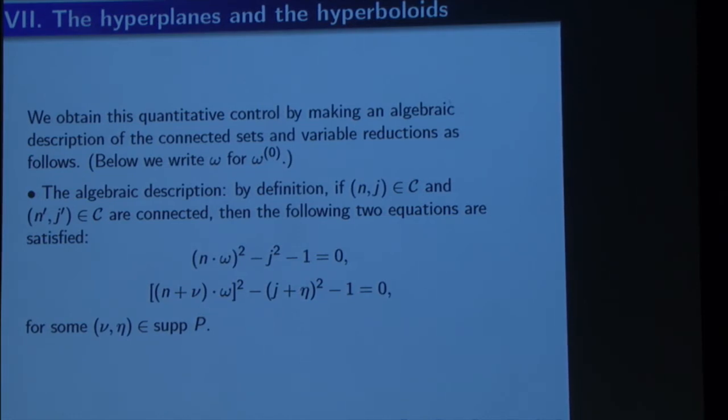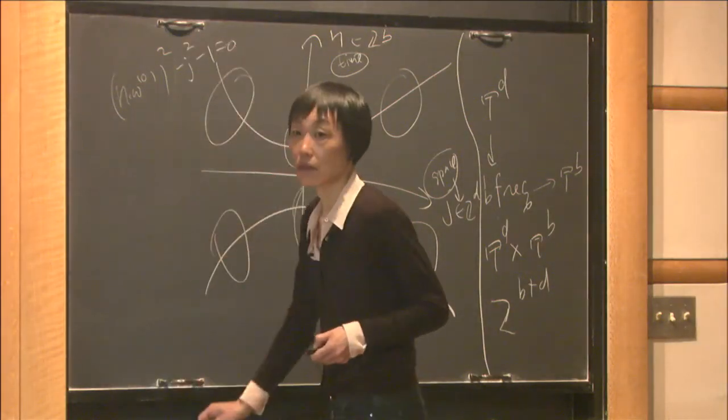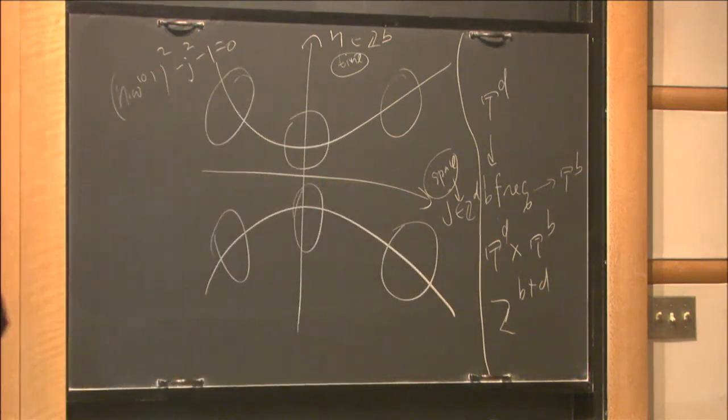N dot omega 0 squared minus j squared minus 1 equals 0. It's an algebraic object. So by definition, if (n, j) is on the bicharacteristics, and if two points are connected, then these two equations have to be satisfied, where nu eta is in the support of the convolution operator. This is very simple.